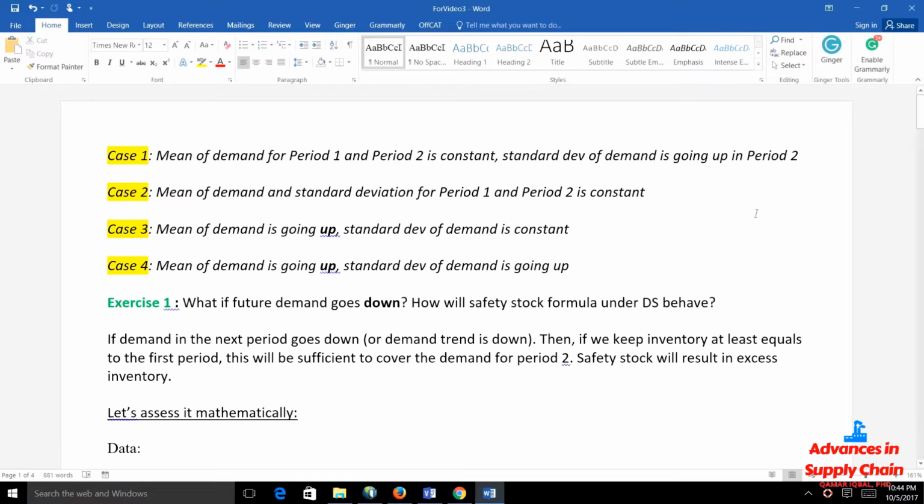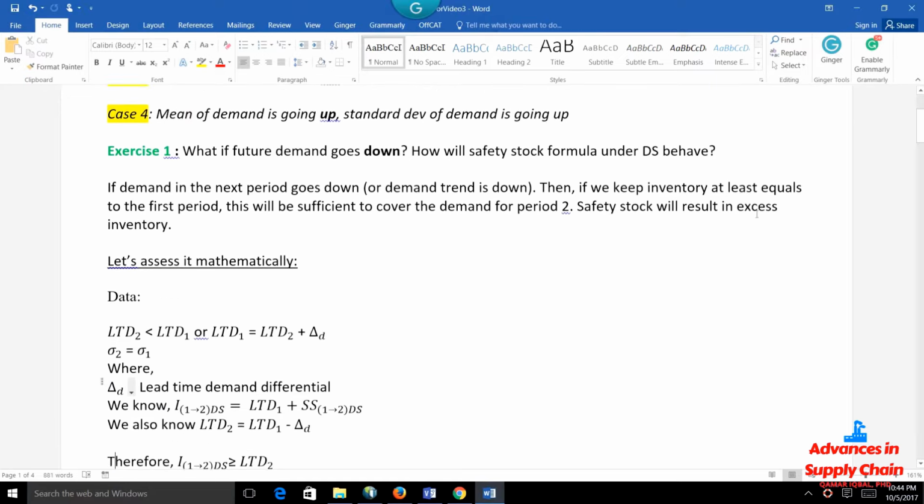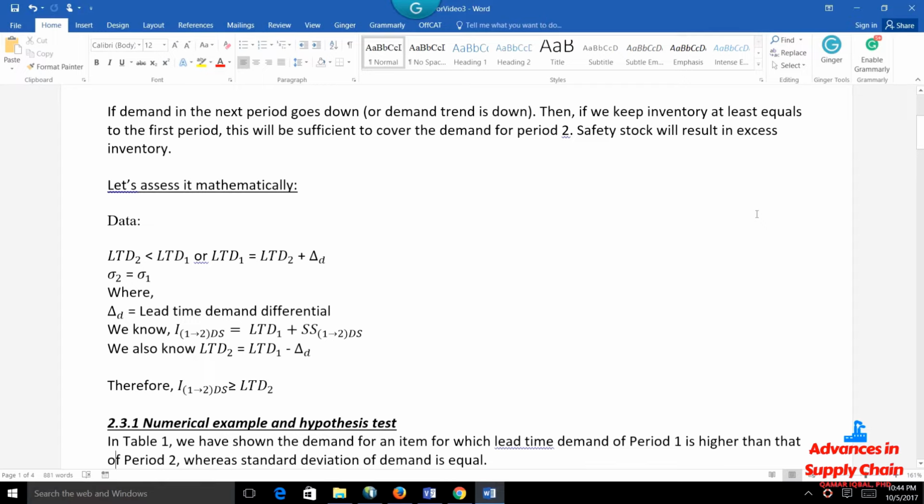So let's do it mathematically and see how we come up with the results. Okay, so LTD2 is lower than LTD1, right? So we can write LTD1 equals LTD2 plus delta D, and we are assuming that the standard deviation of demand is not changing, just to make things simple and focus on forecast changes.